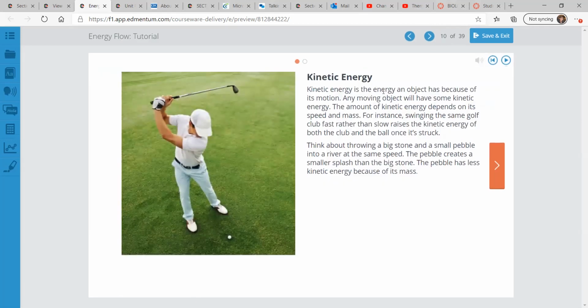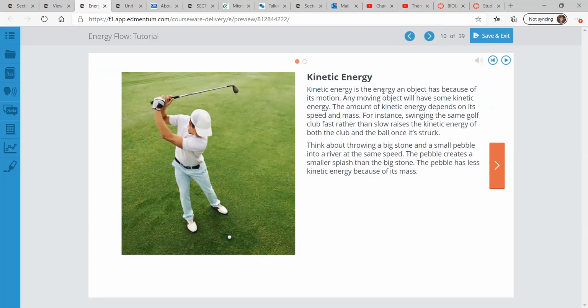We have kinetic energy, the energy an object has because of its motion. Any moving object will have some kinetic energy. And the amount of kinetic energy depends on its speed and mass, the velocity and mass. For instance, swinging the same golf club fast rather than slow raises the kinetic energy of both the club and the ball once the ball has been struck.